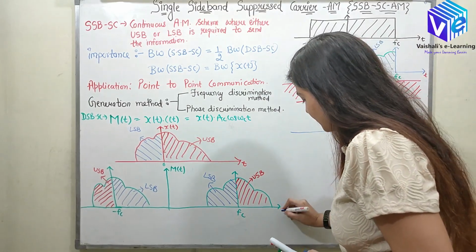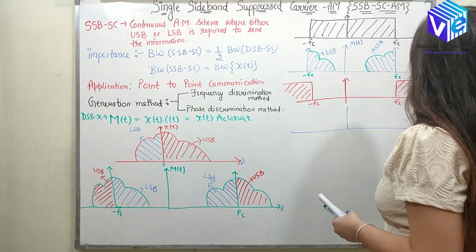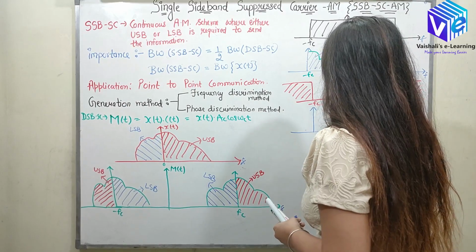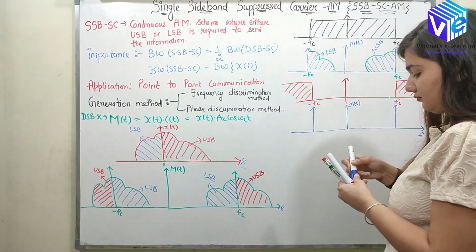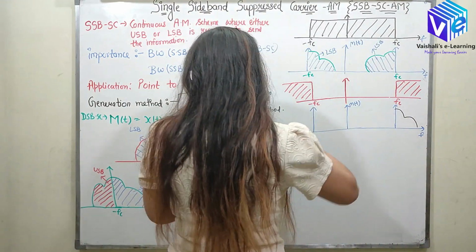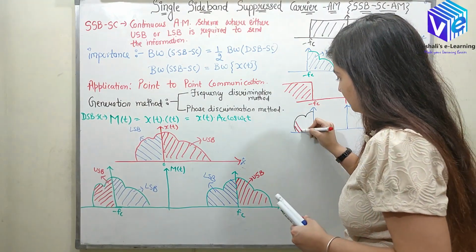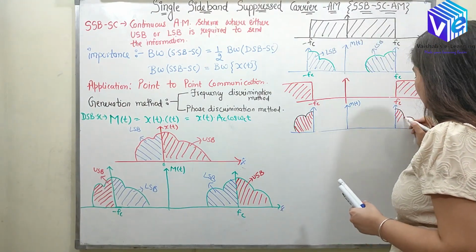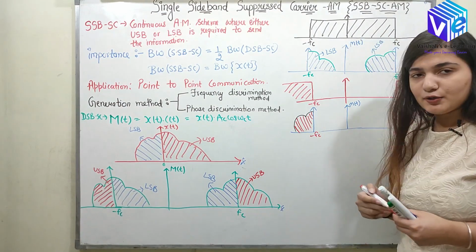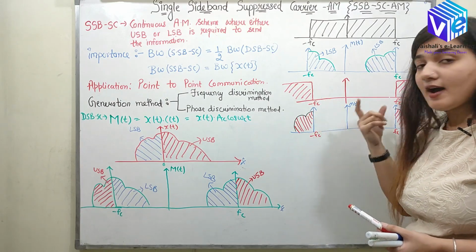These are frequency axes. So now you can see from here at fc and minus fc, if I have cutoff voltage for my band pass filter, then I'll transmit the upper side band.